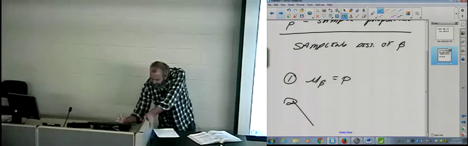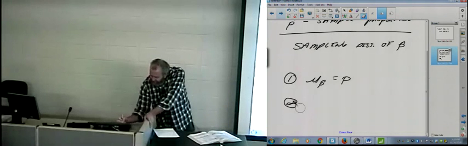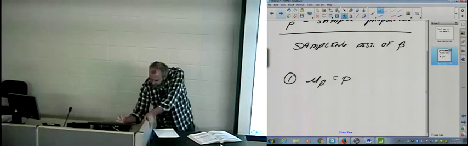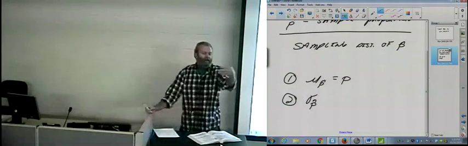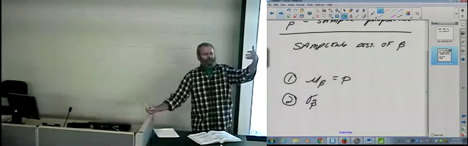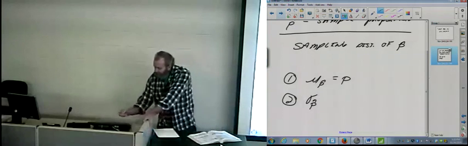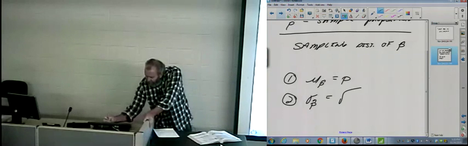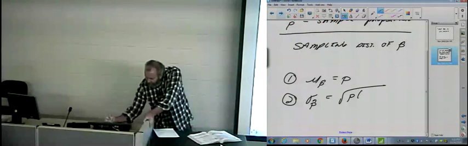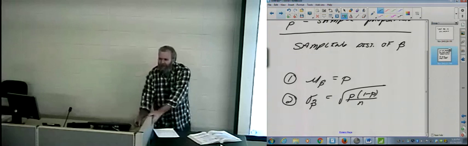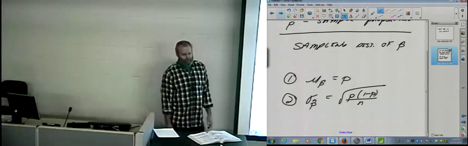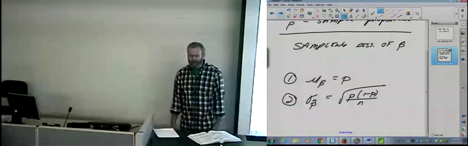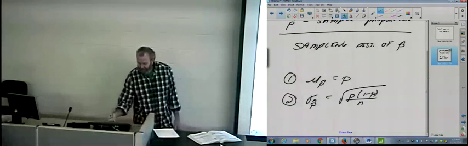The standard deviation is always sigma, subscripted with the p hat, so you know we're looking at the standard deviation of the sampling distribution of the sample proportion. It turns out it is the square root of p times 1 minus p all over n. Not as clean as sigma over the square root of n, but that's your standard deviation.